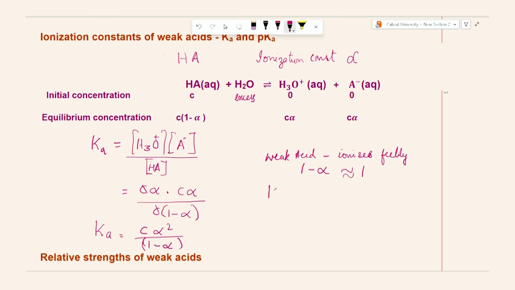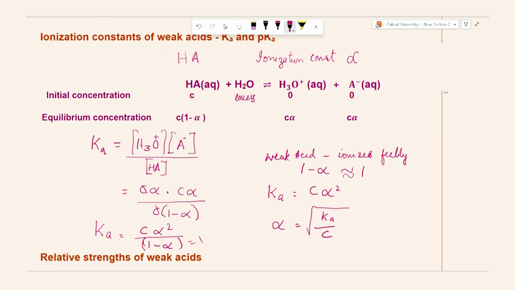Now, here the value of Ka is equal to C alpha square, because the denominator becomes 1, or alpha will be equal to the square root of Ka by C.